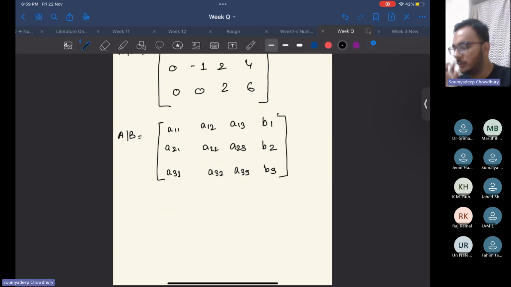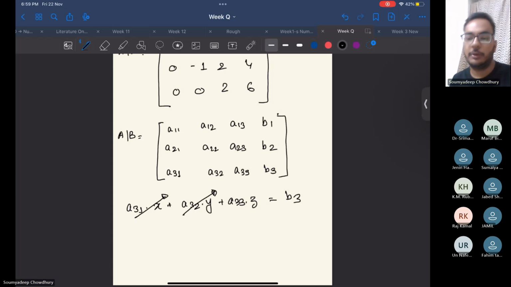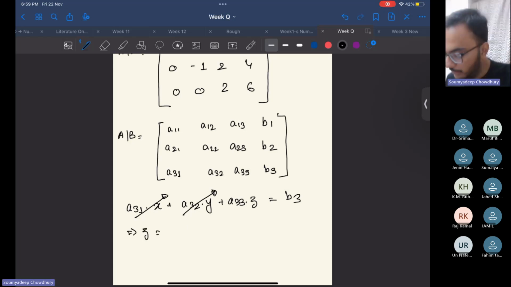Fine. So now, if we write a31 into x plus a32 into y plus a33 into z will be equal to b3. From this, these two terms will go off because a31 and a32 are always 0. So z is basically b3 upon a33. So this is your generalized formula for z.